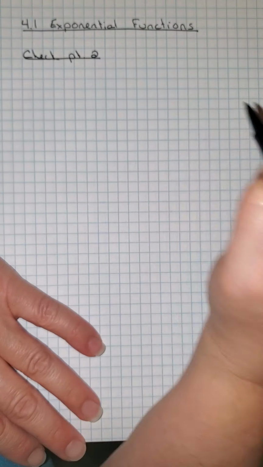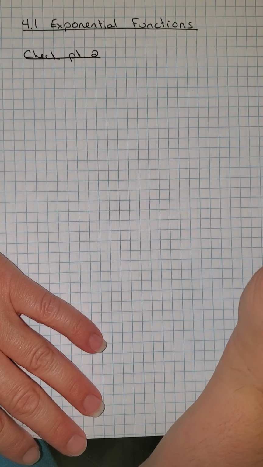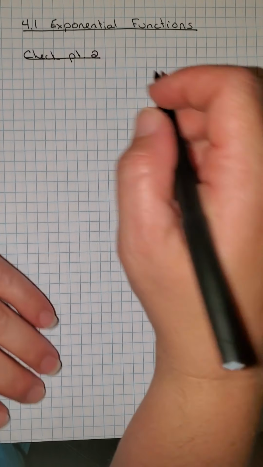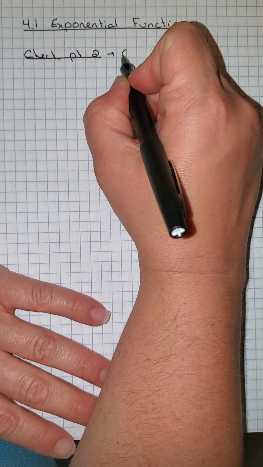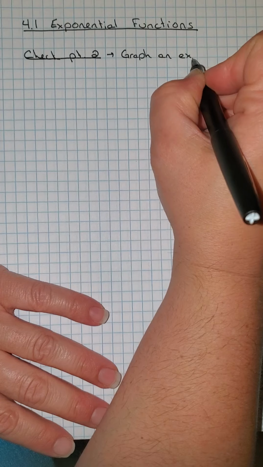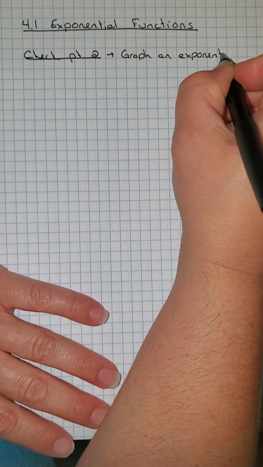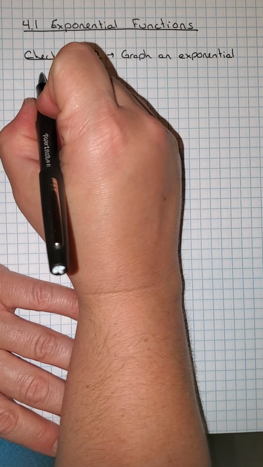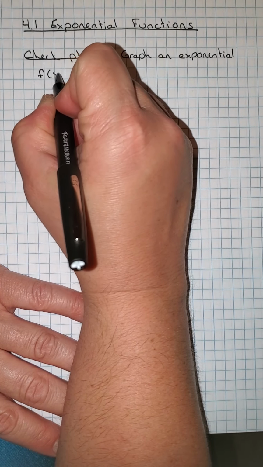This is all getting you ready to do logs. So before you do logs, you generally do exponential functions. So for this one, we are going to graph an exponential. All right, we have f of x equals 3 to the x.